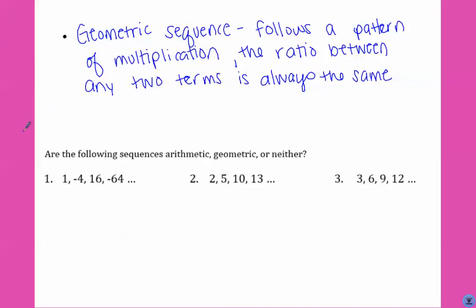So just like with arithmetic sequences, they were adding the same number each time. Geometric sequences multiply by the same number each time.